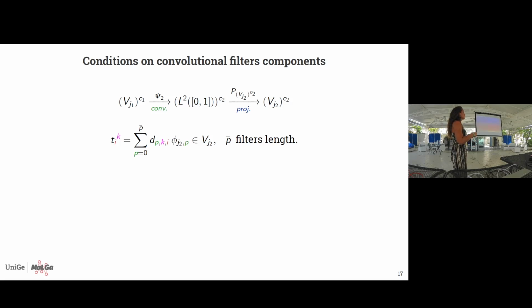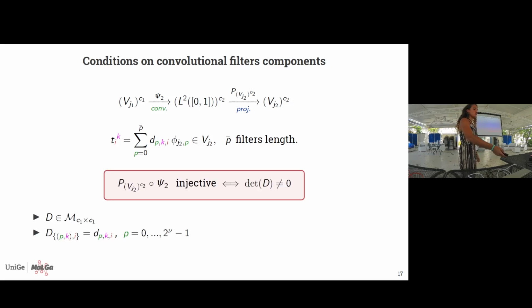But we analyze the first one. So you can decompose the filter in these components because Vj2 is generated by this function here, and the condition on the filters is a condition on this coefficient d_p,k,i, where k and i are output and input channel, while p is the translation parameter.